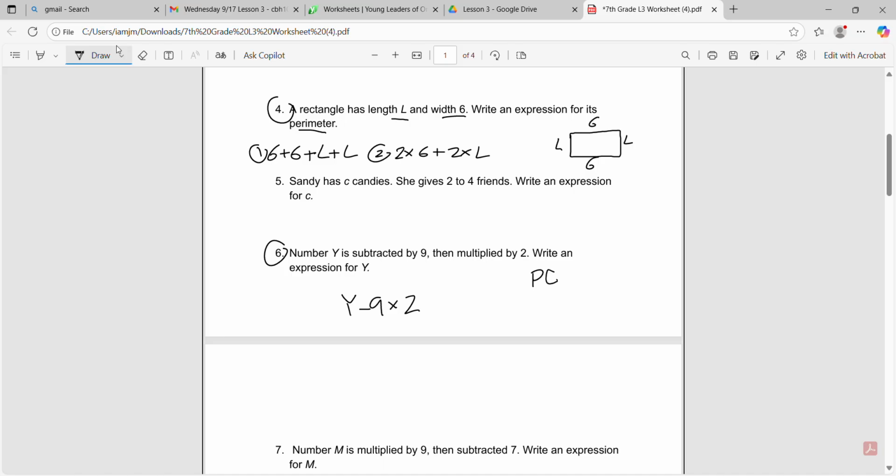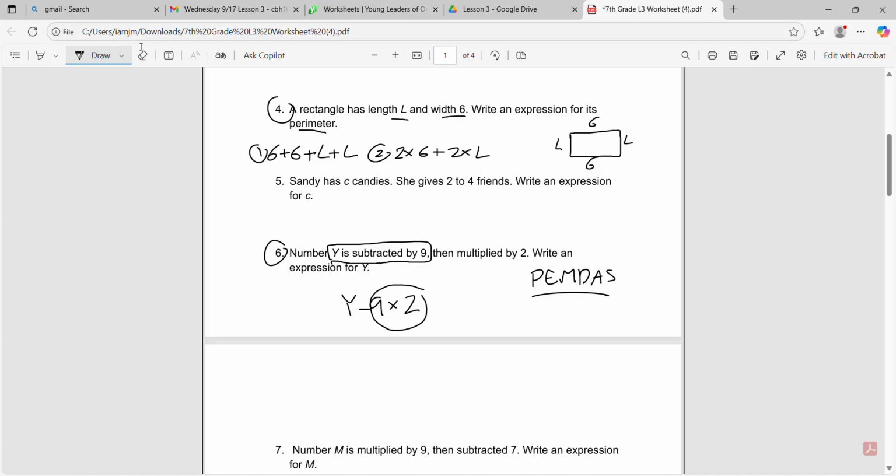Remember PEMDAS from our last 2 lessons. In this expression, while question number 6 is asking for y to be subtracted by 9 first, the PEMDAS rule comes into action, and it prioritizes 9 times 2.